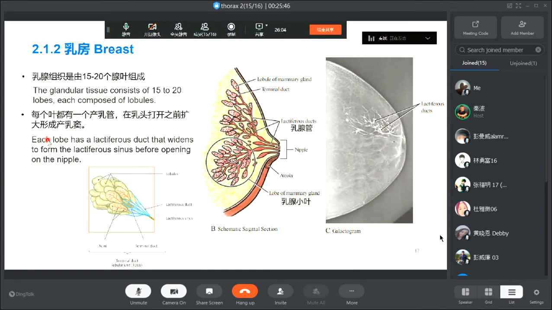Each lactiferous duct has a dilation, the lactiferous sinus, before opening to the nipple.